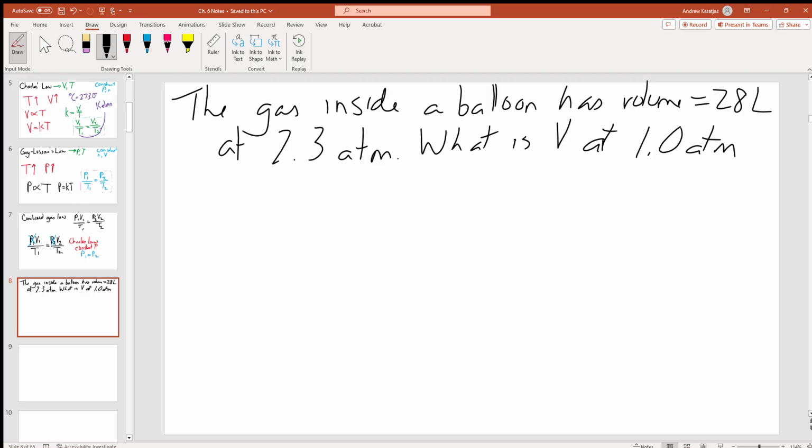So first thing we want to identify, what equation are we using? So we have pressure, different pressures, and we have volumes to look at. That tells us we should be looking at Boyle's law. P1 V1 equals P2 V2. Now, is it important that you know the exact names of these laws? Not really. If you know how to use them, that's what the critical thing is here.